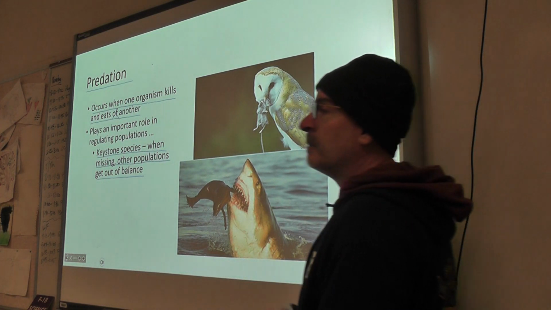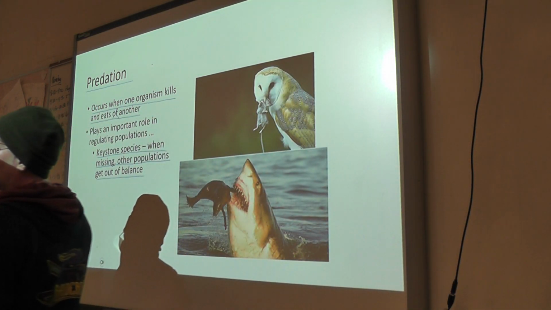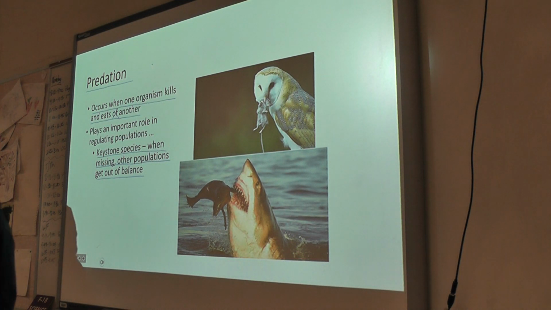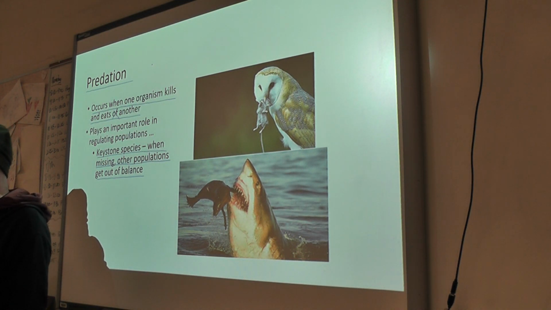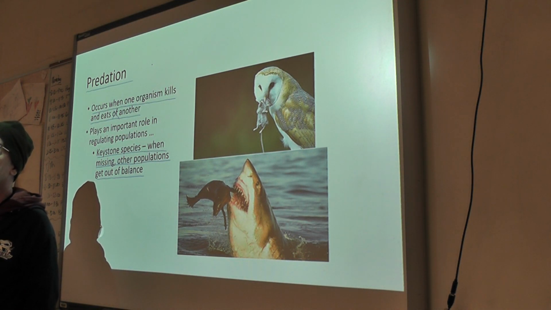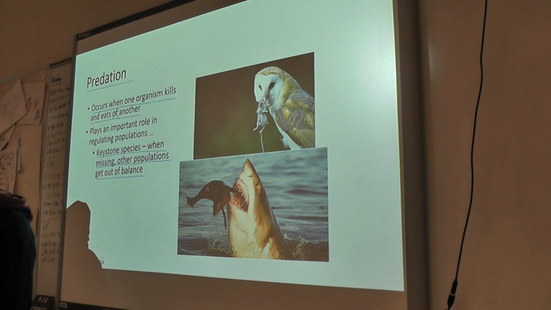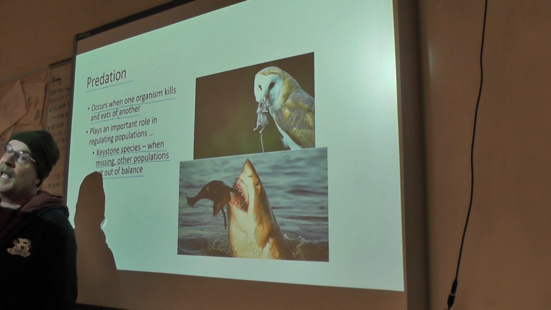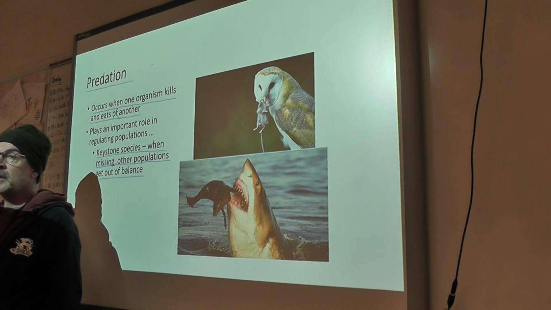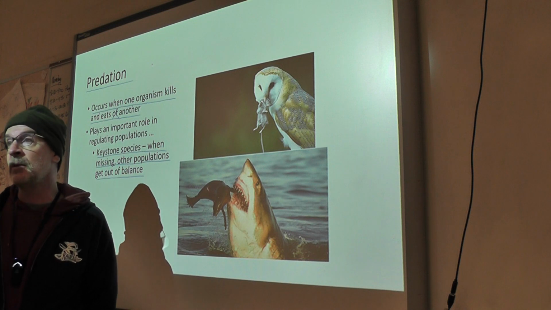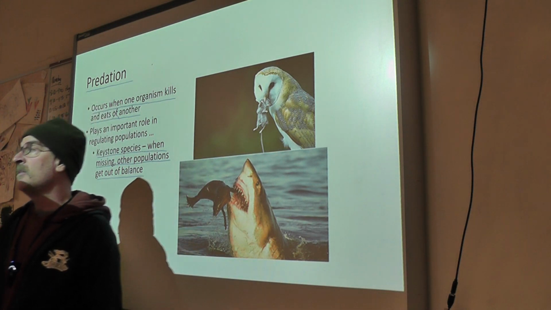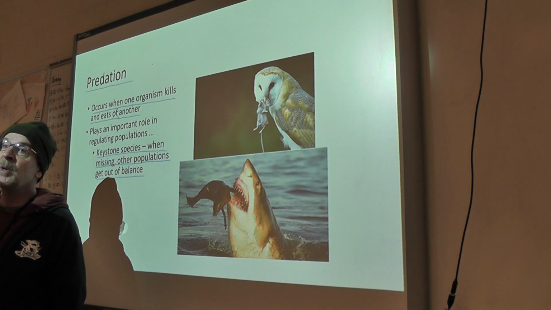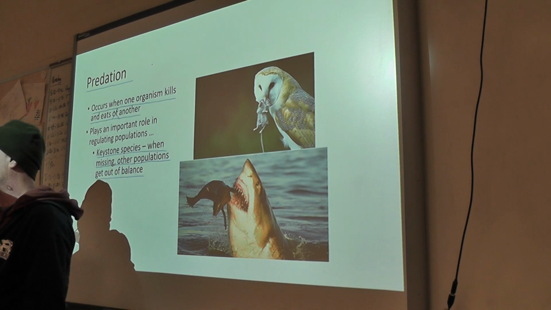So for example, in Yellowstone, about 100 years ago, people thought, well, wolves aren't great to have around. They eat a lot of organisms that people like to hunt, like deer and elk, and they're kind of mean and scary, and they often can get into pasture lands and kill and eat sheep and cows and horses and goats.